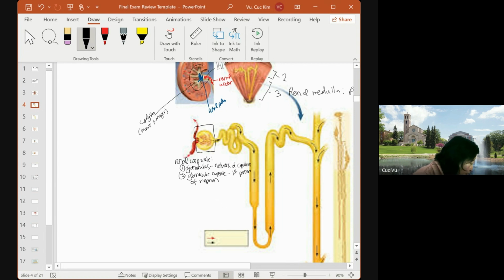Now, the glomerulus is made up of capillaries, and that's what allows the blood to move from the glomerulus to the glomerular capsule. Once it goes into the glomerular capsule, it's going to continue onward to this first segment right here. Oh no, my pen's not working.